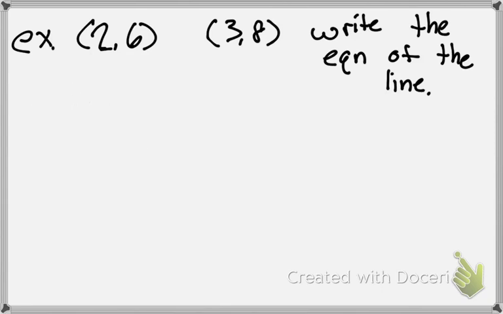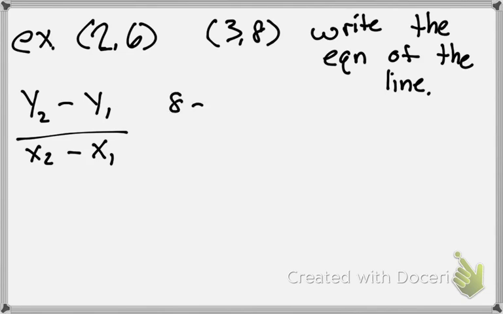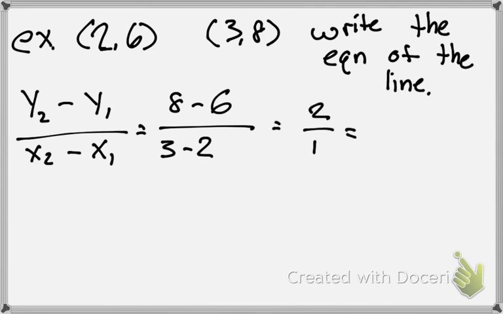So the equation to find my slope is y2 minus y1 over x2 minus x1. So I'm going to take 8 and subtract 6, and then take 3 and subtract 2. When I simplify, this gives me 2 over 1, which gives me a 2 for my slope of m.